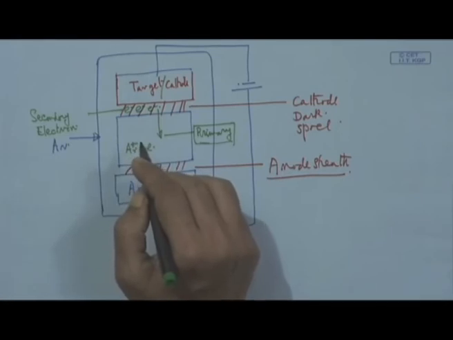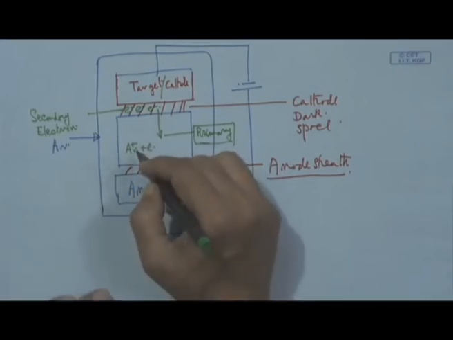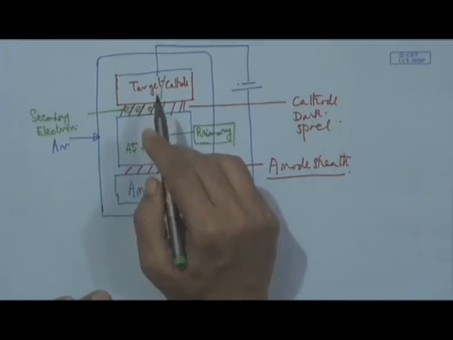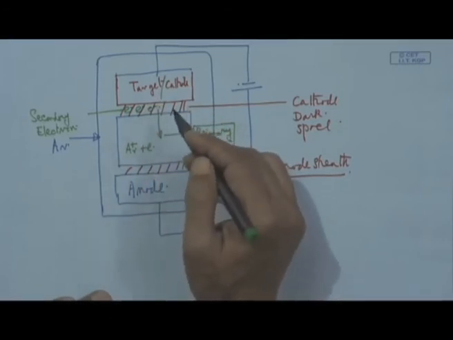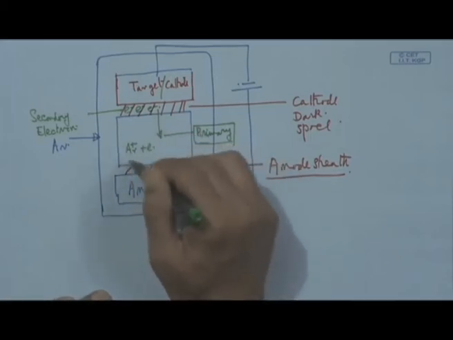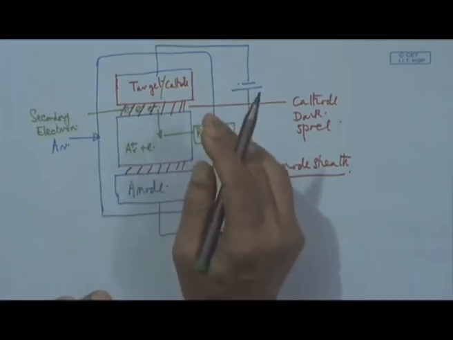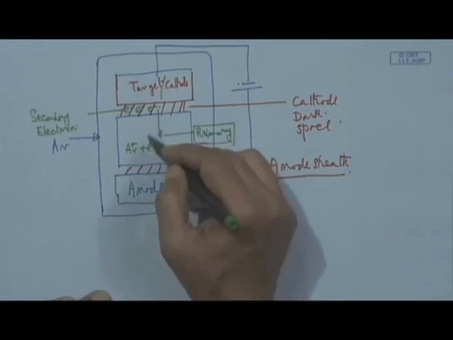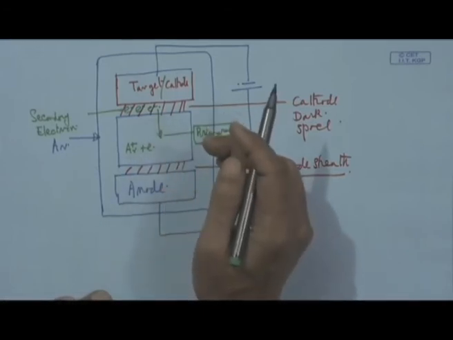So, one argon ion is going to eject the atom from the target, but at the same time generate secondary electron, which once it enters this plasma volume becomes the primary electron, and this way the process repeats itself.